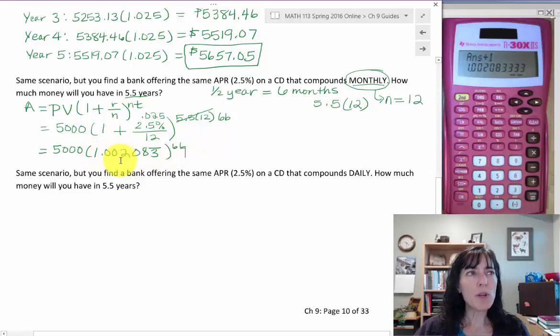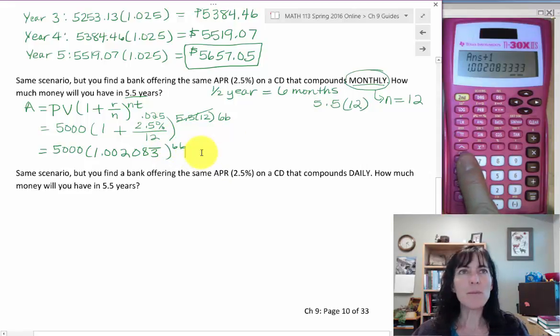So this 1.0020833 repeating to the 66th, that's the operation that has to happen next. That number is sitting there on my calculator. That's beautiful. We want to leave it there and just take it to the 66th power. So I'll use my to the button.